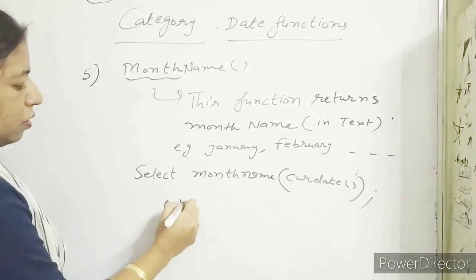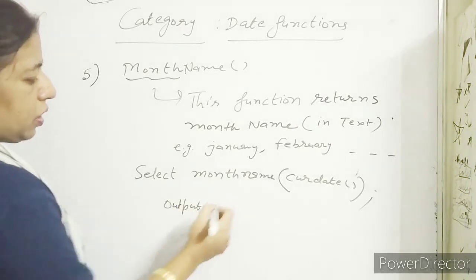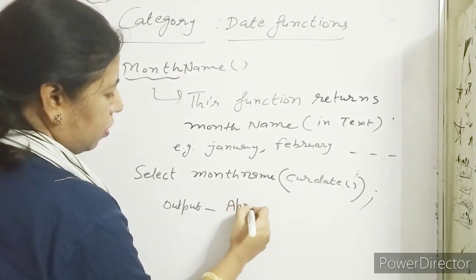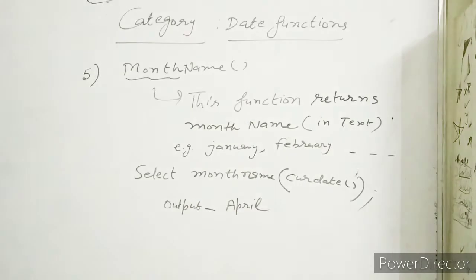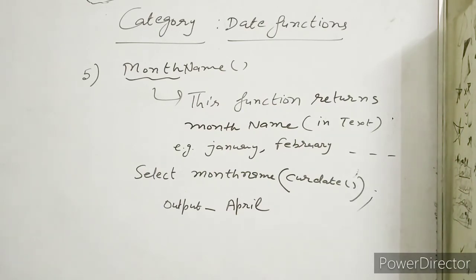Output is April. Clear? Month name returns the name of the month in text format, and the month function returns the month number. The month function returns numeric output, but month name returns text character output. Clear? Name of the month, it is in alphabet form.